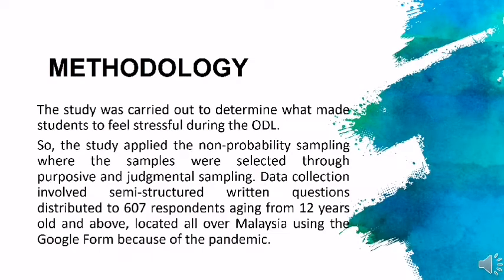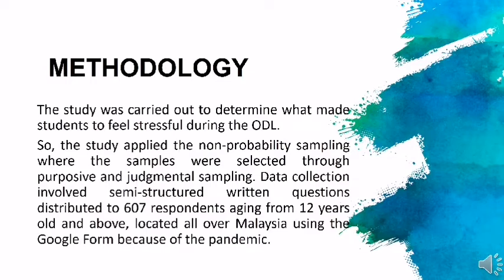Where the methodology is concerned, since the study was carried out to determine what made the students feel stressed during the ODL, the study applied non-probability sampling, where the samples were selected through purposive and judgmental sampling.